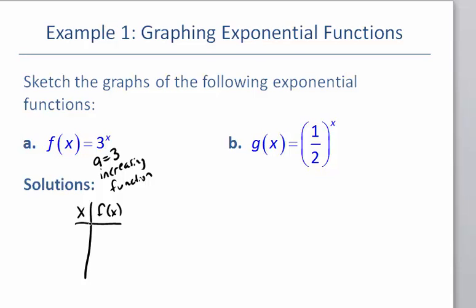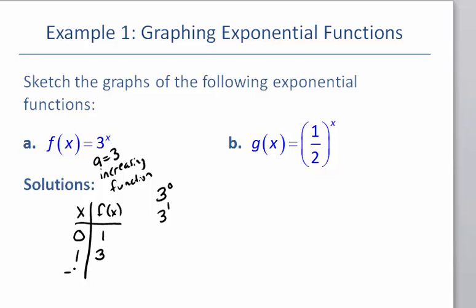We're going to select some points that are easy to evaluate. For example, I'm going to select x is equal to 0. If I plug a 0 in for x, I get 3 to the 0, and I know that anything to the 0 power is equal to 1. I'm also going to select x is equal to 1. If I plug a 1 in for x, I get 3 to the first, which is equal to 3.